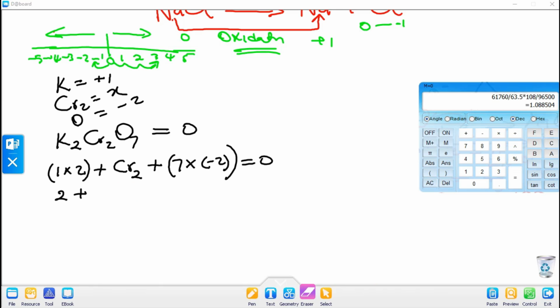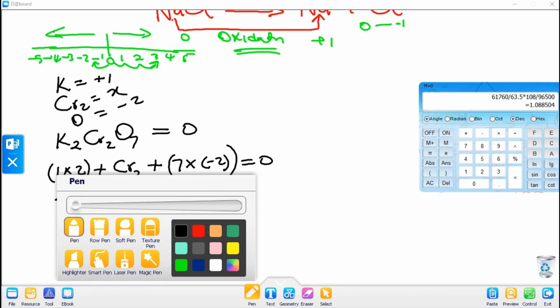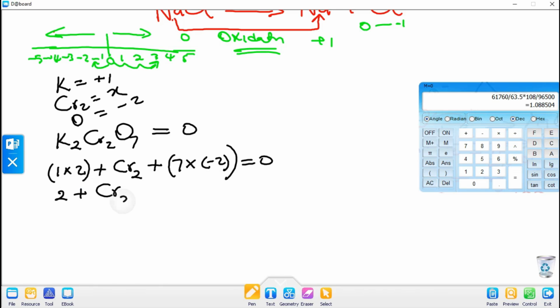Let's leave it as Cr2. Let's just proceed. We shall get to see something later. Cr2 plus 7 times -2 is -14, all equals 0. So this is giving us 2 plus Cr2. Minus times plus is minus.